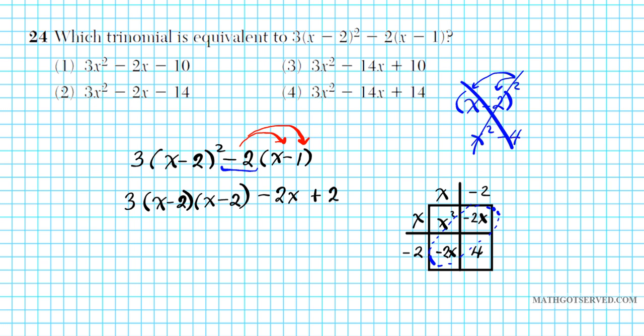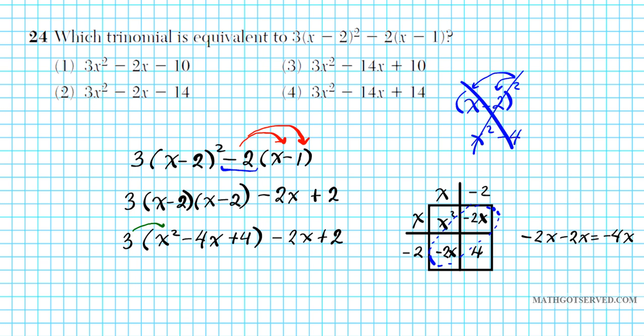Okay, so our product is going to be, bring down the 3, times x squared. What is -2x minus 2x? -2x minus 2x is -4x. Okay, so we have -4x minus 2 times minus 2 is plus 4 minus 2x plus 2.